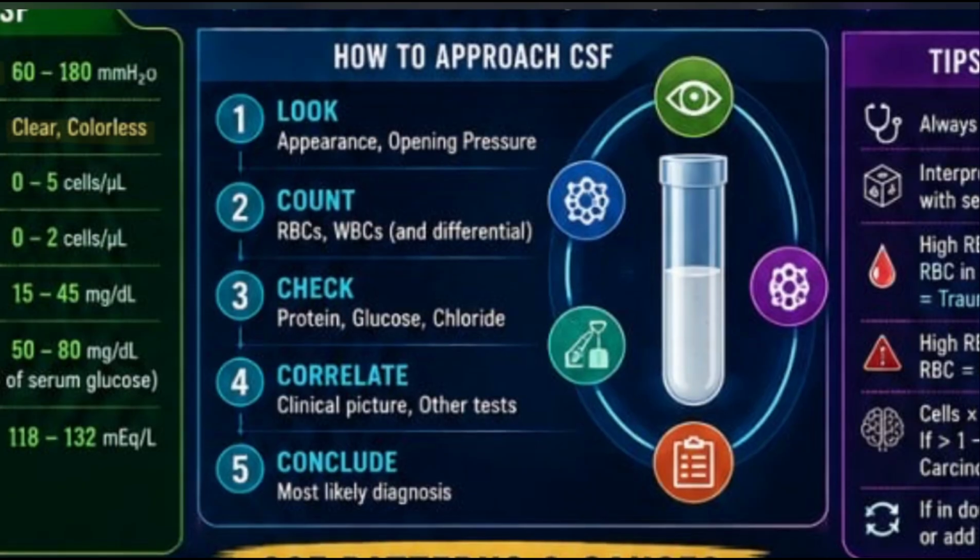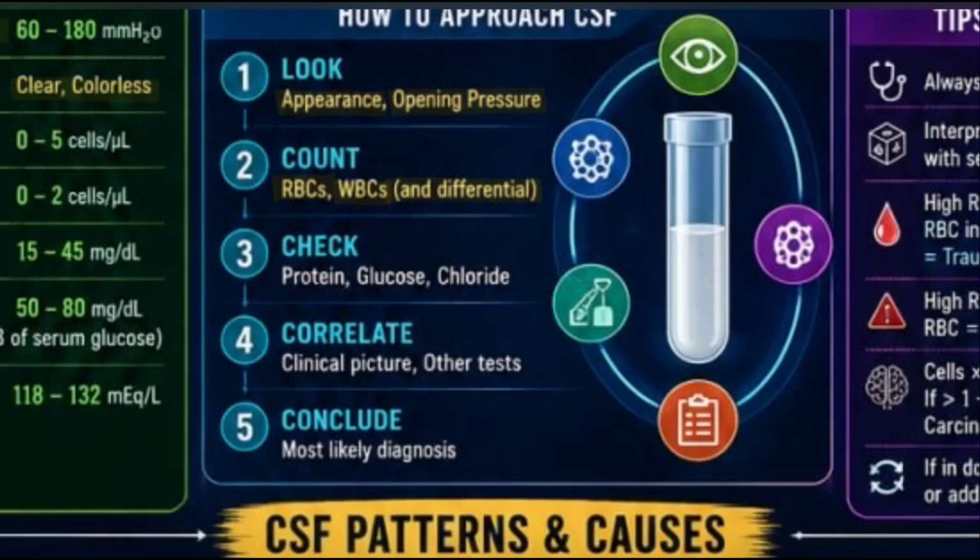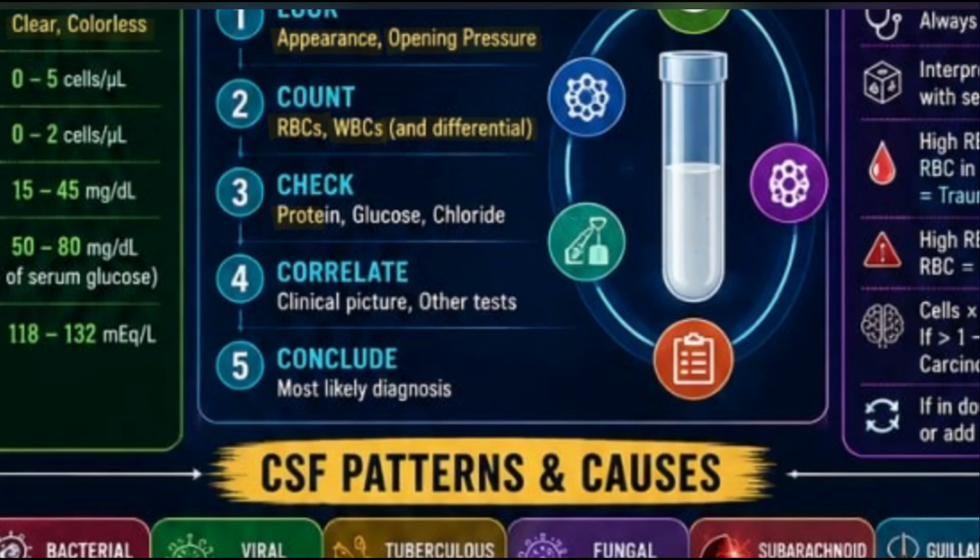First, we look at the appearance, how the fluid is looking, and then the opening pressure. Next we look at the red blood cell and white blood cell counts and the differentials. Next we check protein, glucose and chloride.